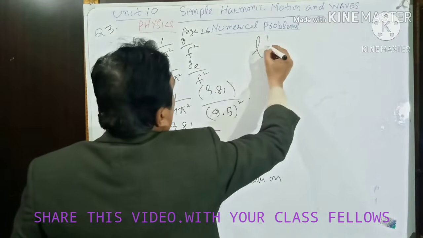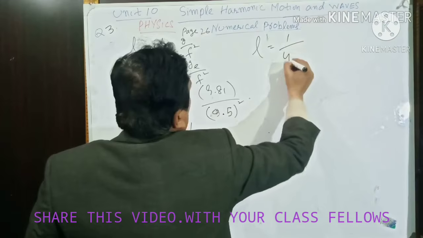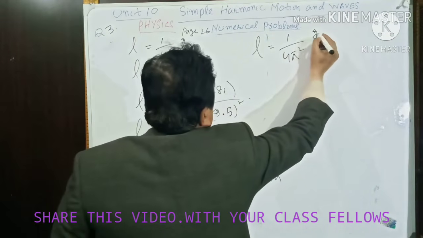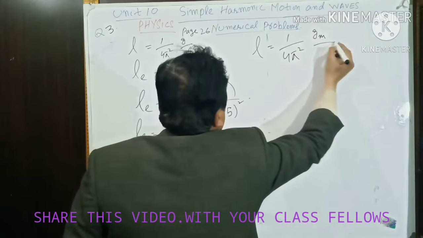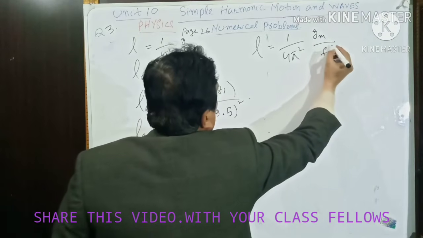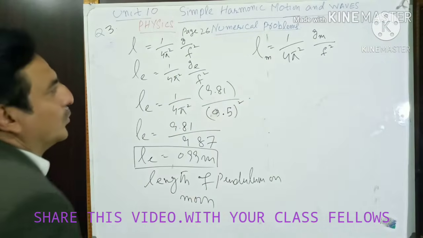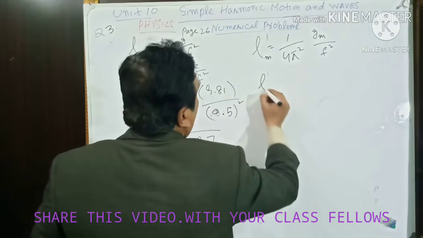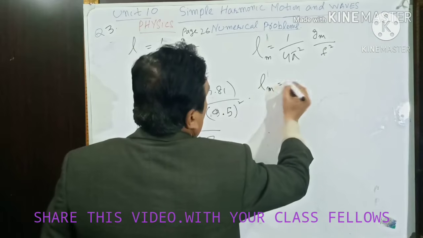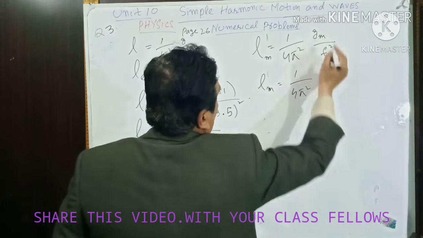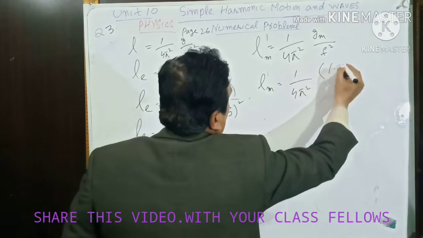Length is 1 by 4 pi square g on moon and f square. Now putting the values. 1 by 4 pi square, the value of g on moon is 1.62.